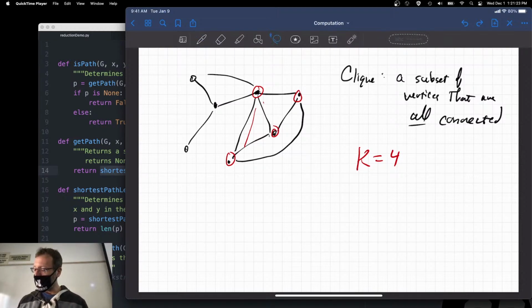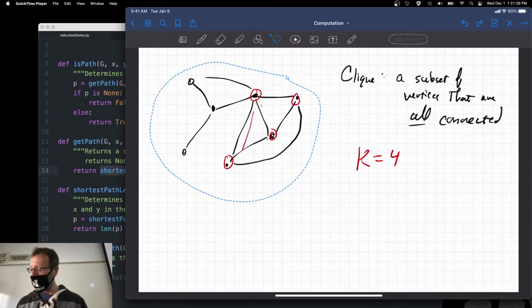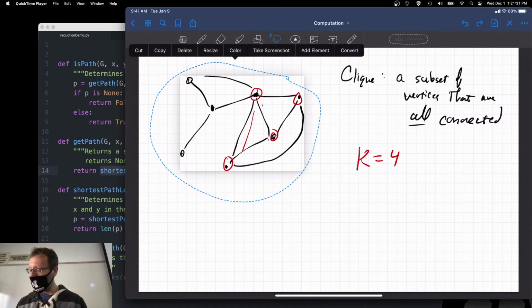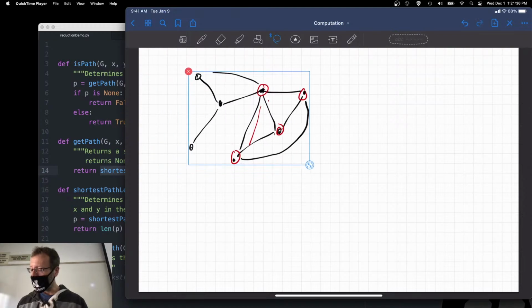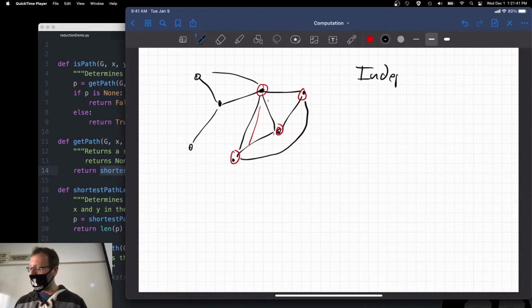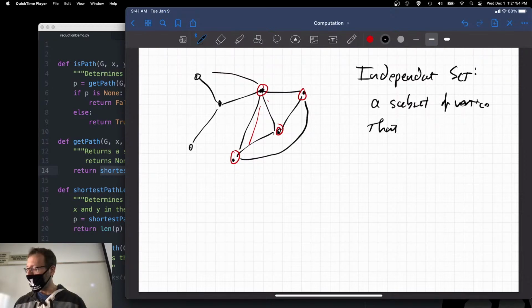Let's take the same graph. We're over time here, but I can finish up really quick. A similar problem is independent set. An independent set is a subset of vertices such that none are connected.